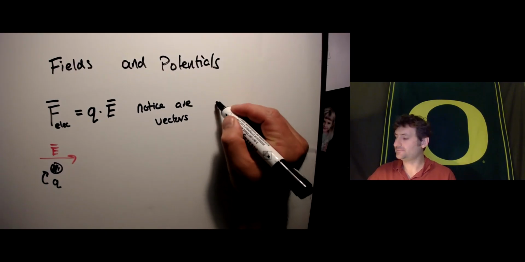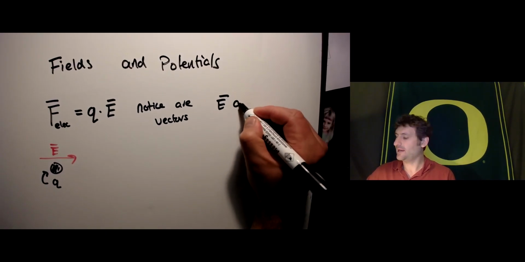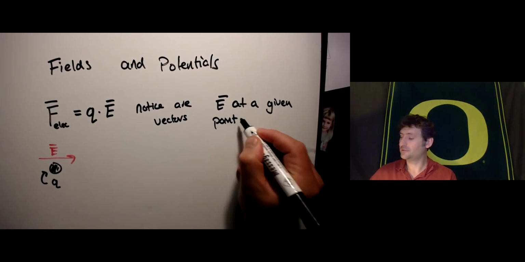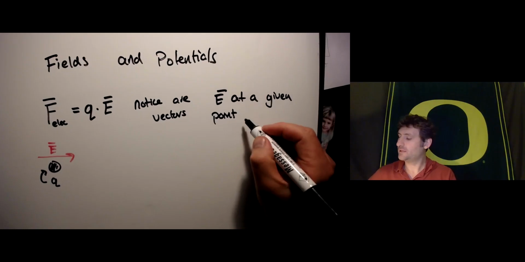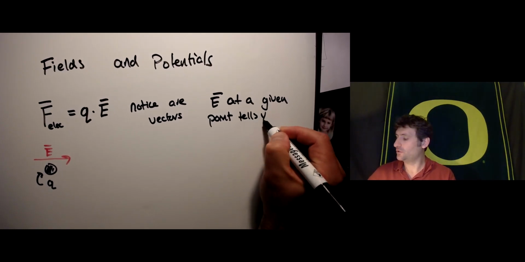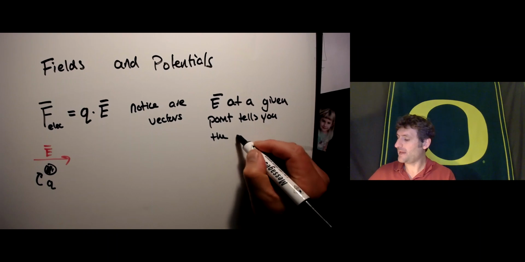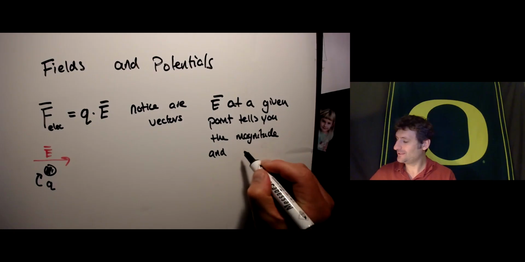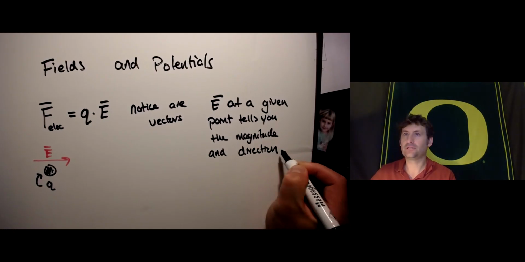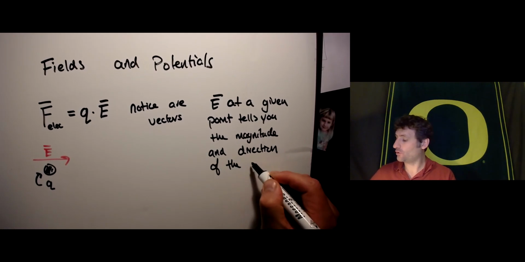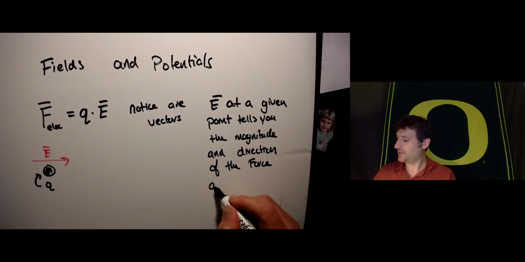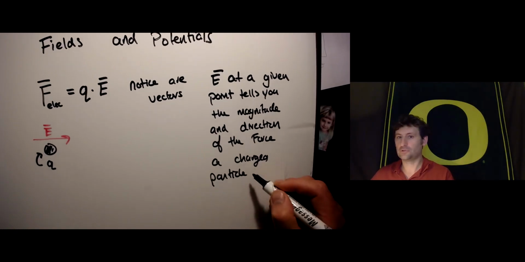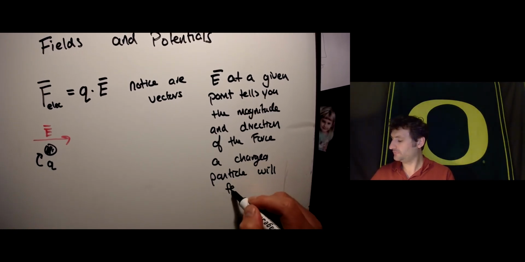So I can say that E at a given point, in general this is true for a field, tells you the magnitude and direction of the force a charged particle will feel. Okay?